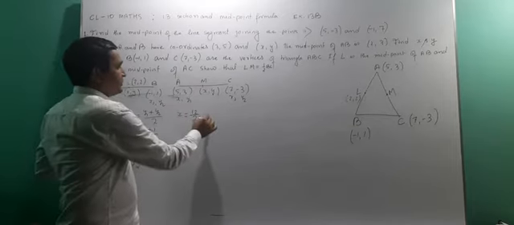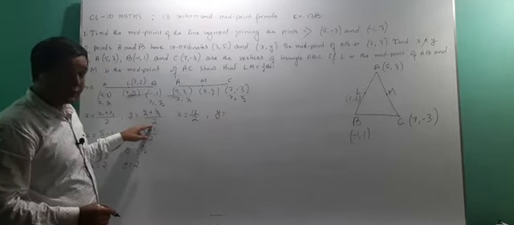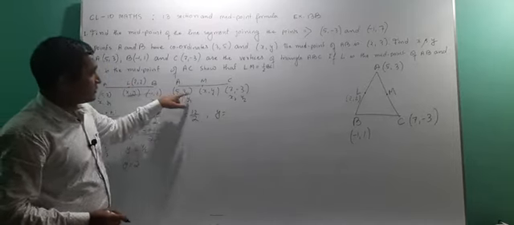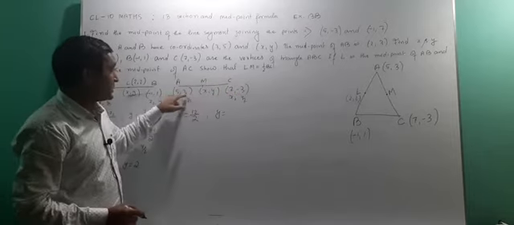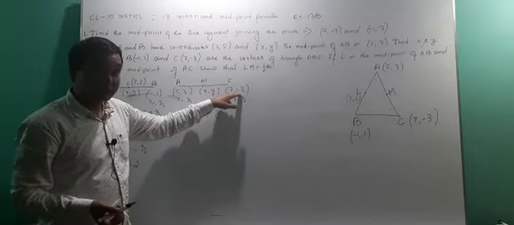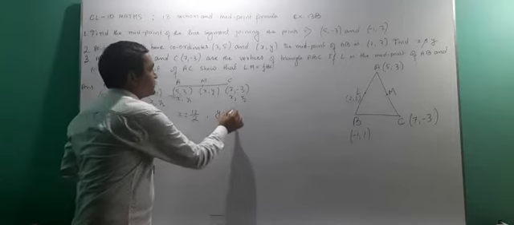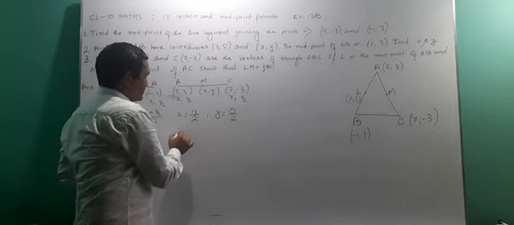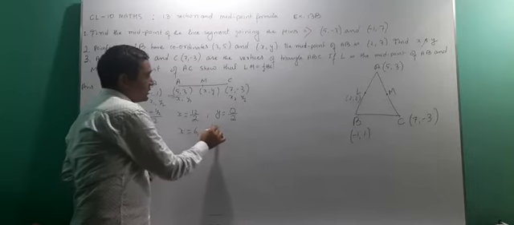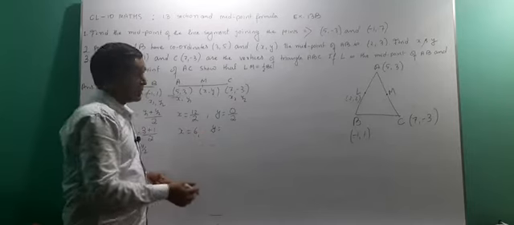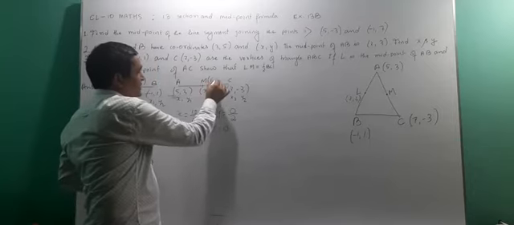Similarly, y equals y1 plus y2 divided by 2. 3 plus minus 3, their sum is 0, divided by 2. So x equals 12 by 2, which is 6, and y equals 0 divided by 2, and 0 divided by any number is always 0. Now we got the coordinate of M, that is 6, 0.